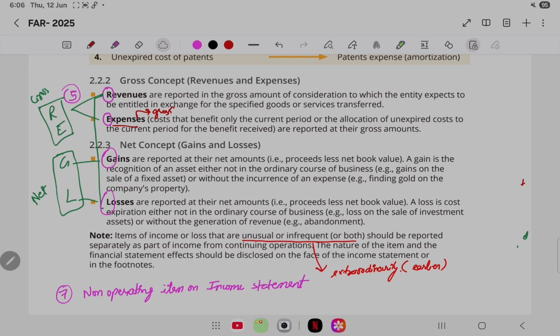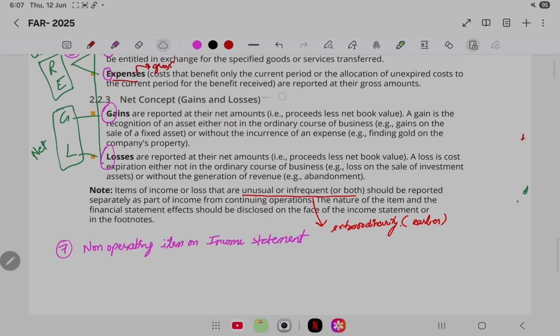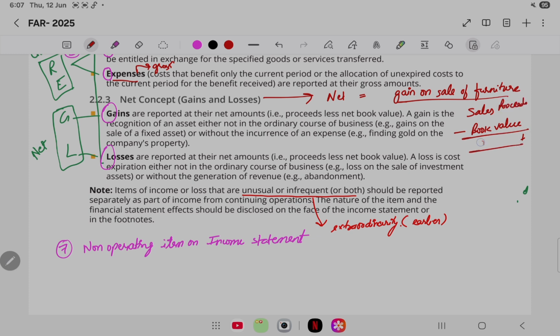Now what is the net concept? In the net concept, we are taking an example: gain on sale of furniture. Sales proceeds minus book value gives the gain. This comes under the net concept.